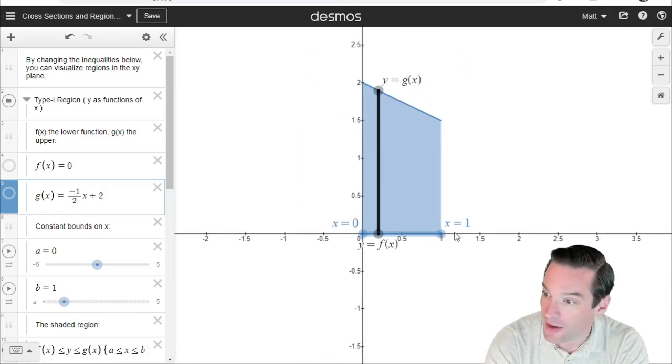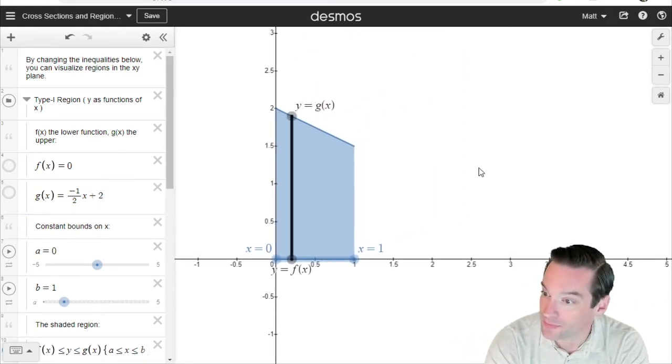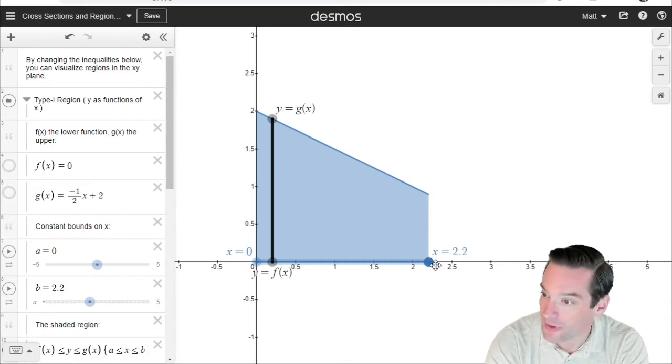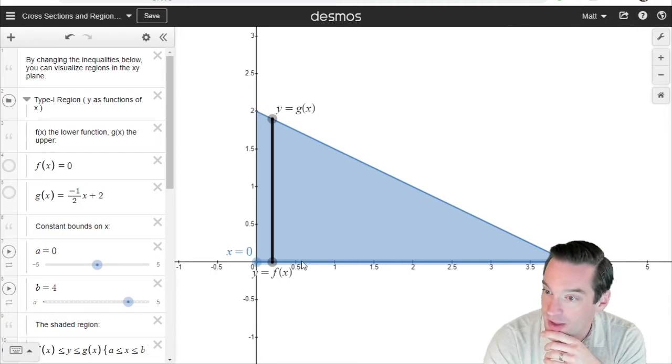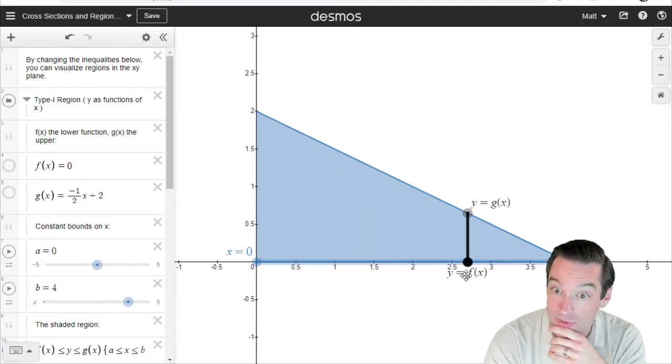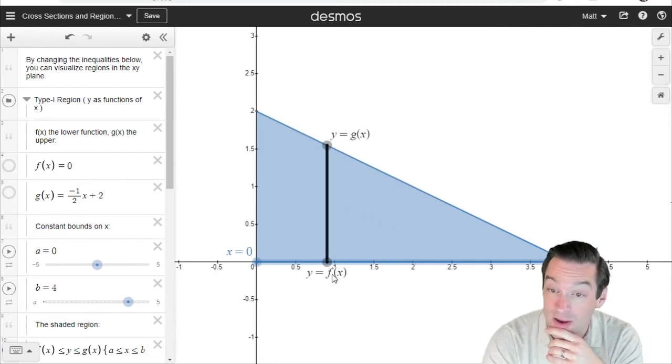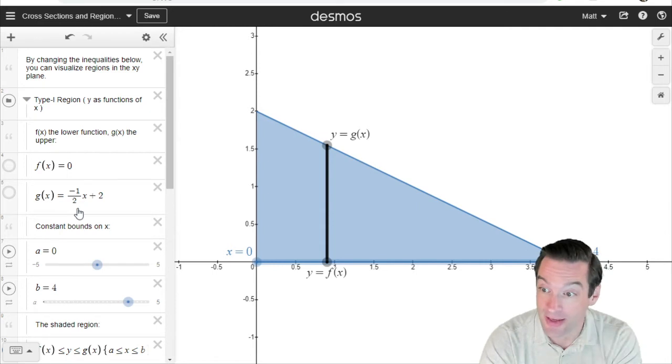And then I want to let x range from 0 to 4. So I'll take this limit of integration all the way out to here. So here is that description of this region of integration in a type 1 fashion, because we're taking vertical cross sections. The bottom limit is y equals 0. The top limit is y equals -1/2 x plus 2.